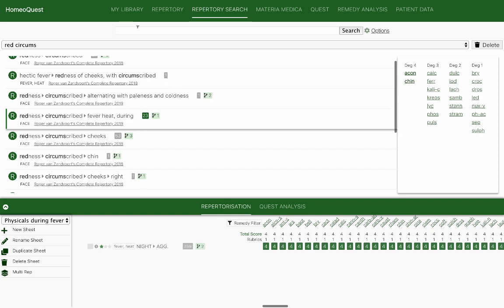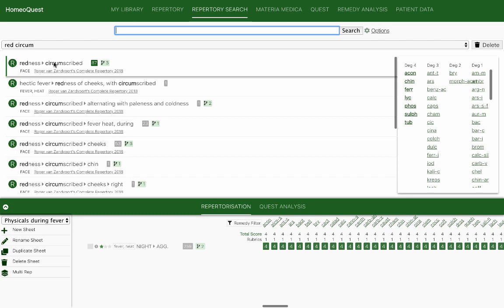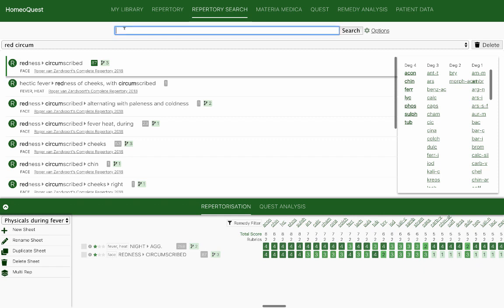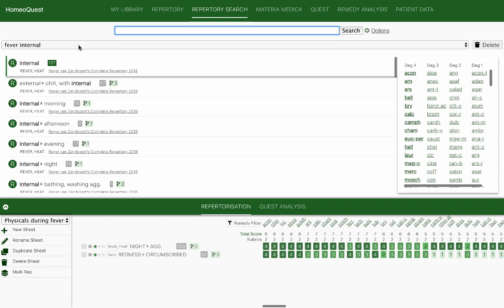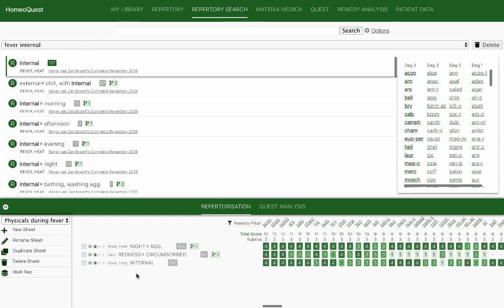We're looking at redness circumscribed. This is a bigger rubric, 87. Let's take this off the face, and then we are going to put fever internal. This is another rubric, which is 187, a big rubric.